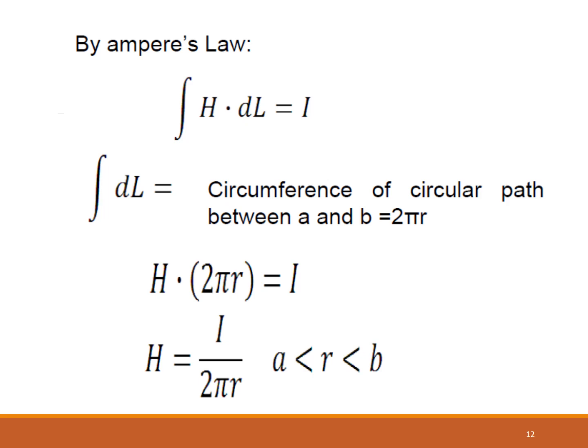In this case, the path you're considering, the Amperian path, is going to be a circular path because the configuration is a coaxial cable. The circumference of the path is 2 pi r. So substituting, H times 2 pi r is equal to I, or the expression for H is I divided by 2 pi r for a less than r less than b. So the expression for H is obtained.